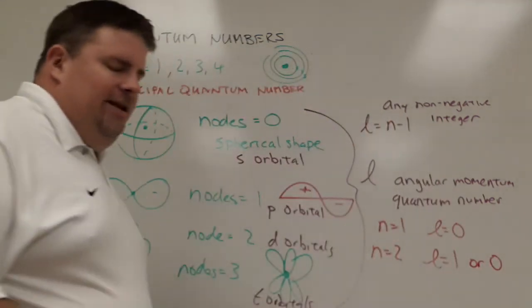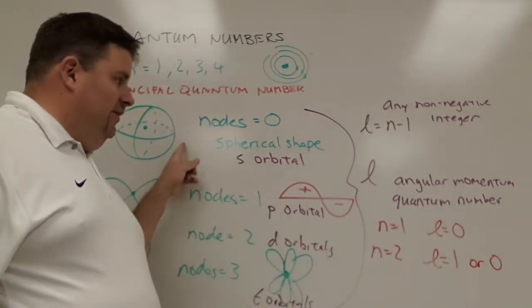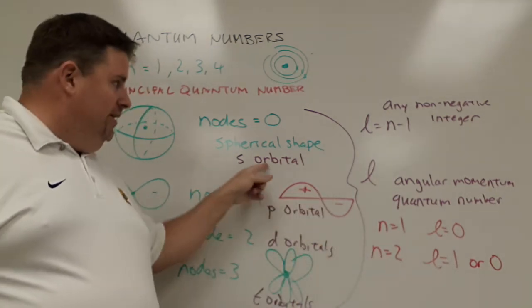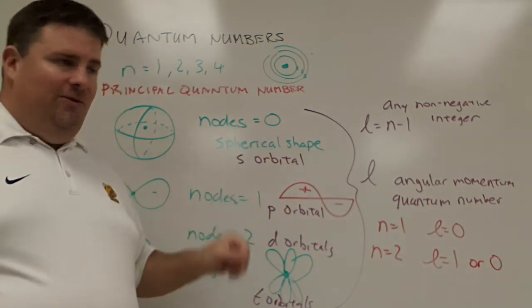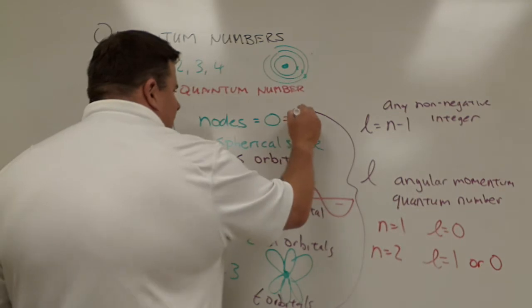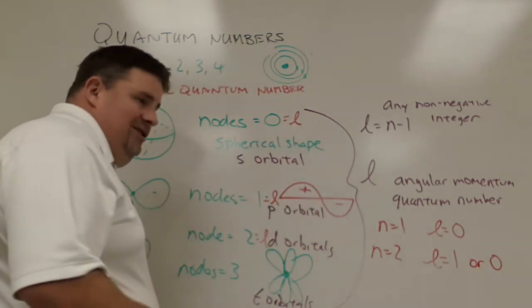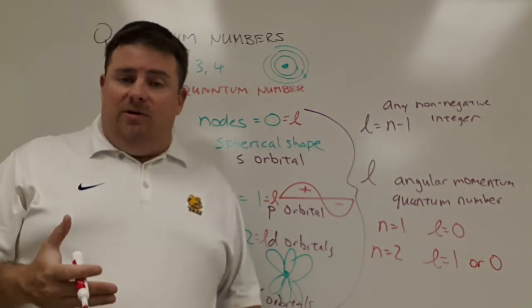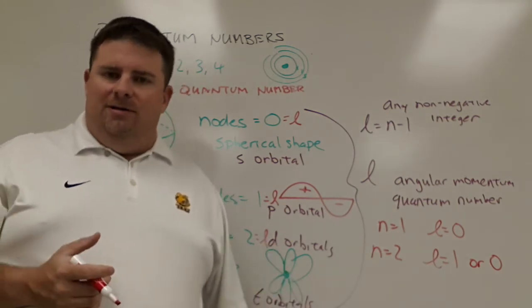Okay, so this indicates that in n equals 2, I've got the spherical shape, the S orbital, because at this point nodes is equal to 0, but my node is also going to be 1. And guess what? Yeah, all of these numbers are the L value. So the number of nodes that we have in each one of these descriptors also represents what the L value is.